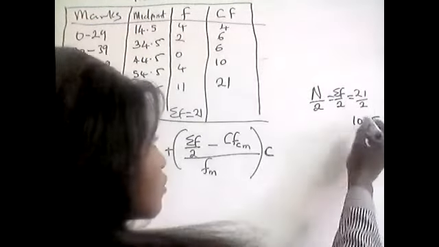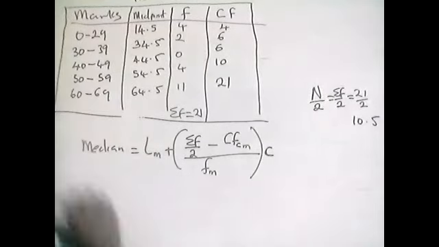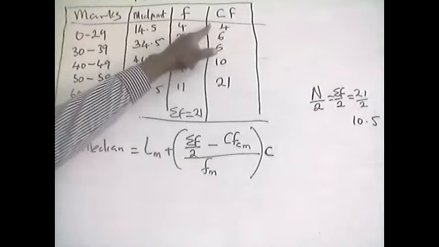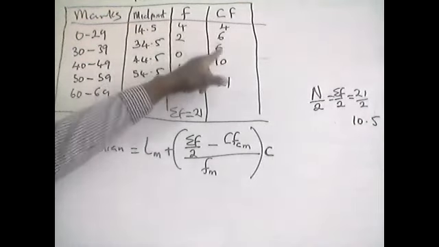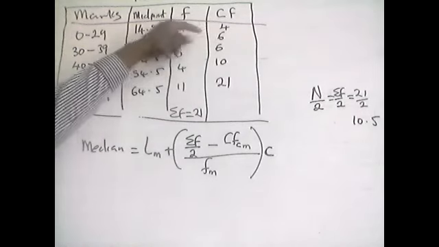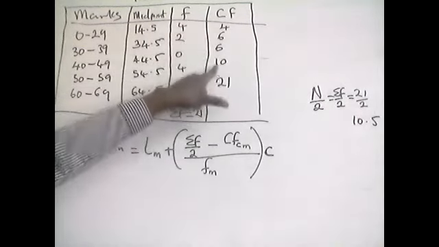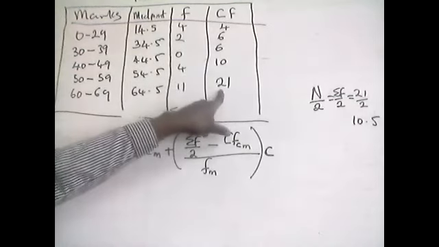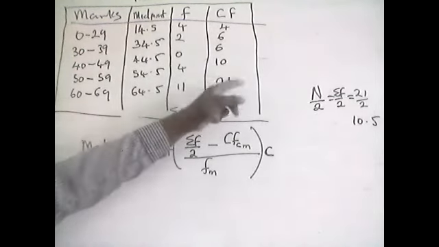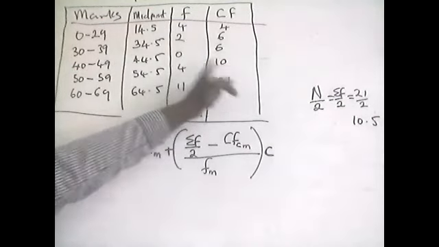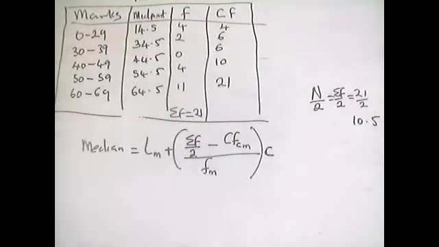So look at this value here, and now we go to our cumulative frequency column. Where is 10.5? When you look at this, that's 4, 6, 10, 21. There's no 10.5, so I'm just going to consider 21.